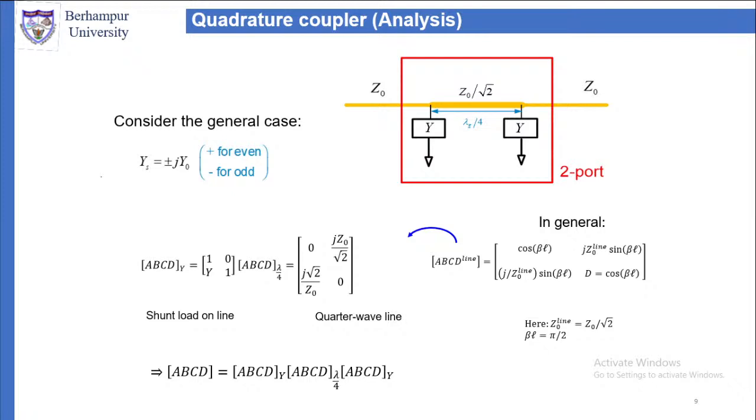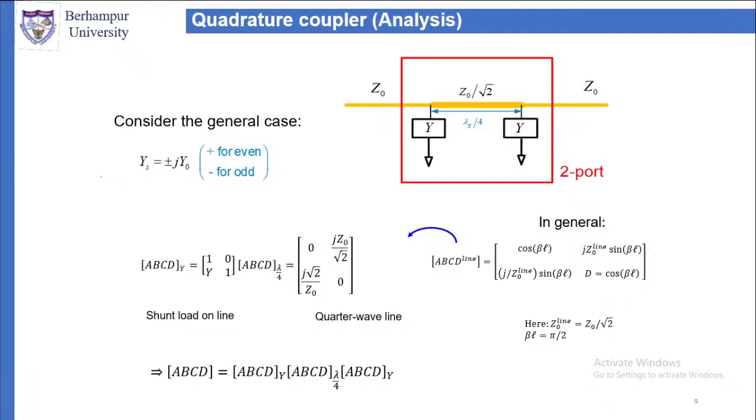So now how are we going to do that? Consider the general case of the analysis. Ys, we have already seen, means the admittance of the stub, which will be plus or minus jY0. It will be plus jY0 for even mode and minus jY0 for odd mode, that we have just seen.